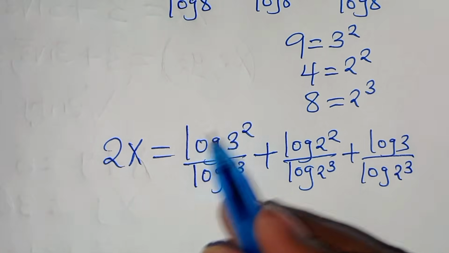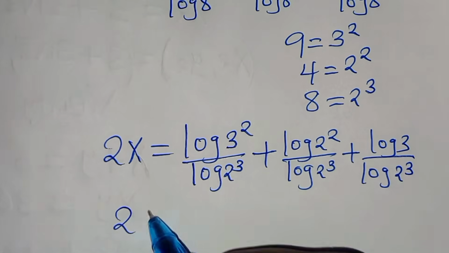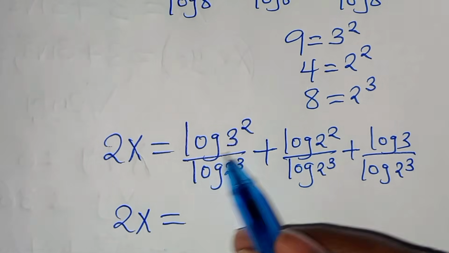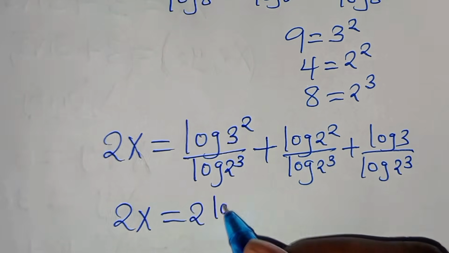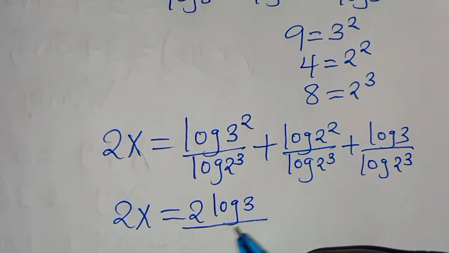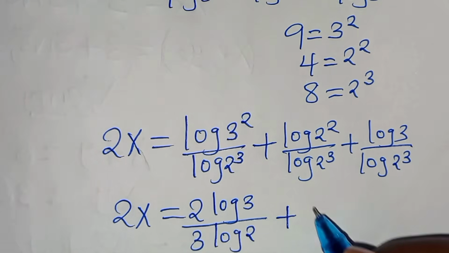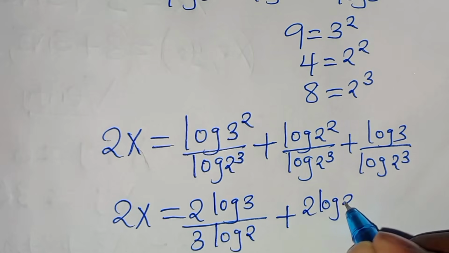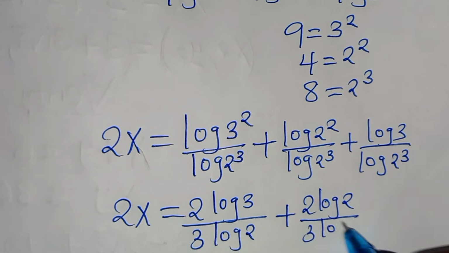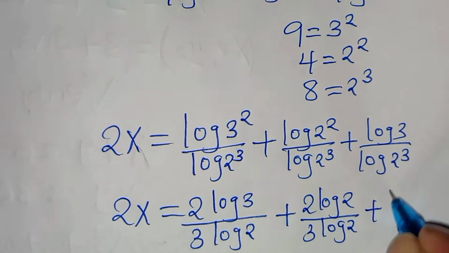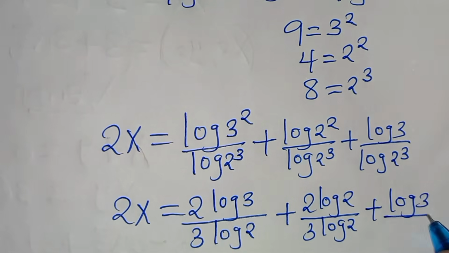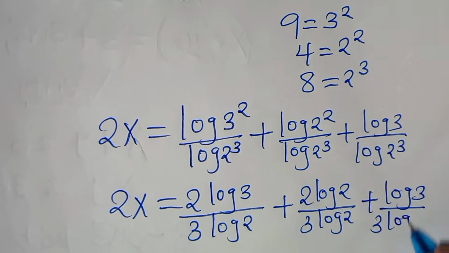Now applying the power log property here, we have that 2x is equal to 2 log 3 divided by 3 log 2, then plus 2 log 2 divided by 3 log 2, then plus log 3 divided by 3 log 2.